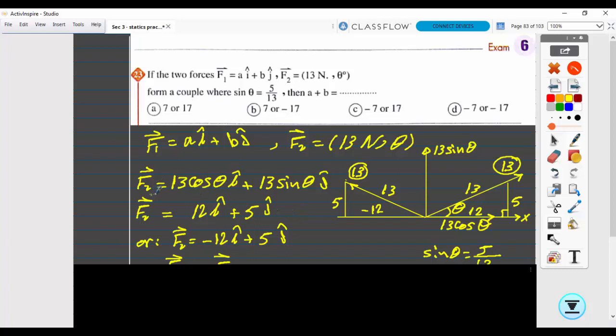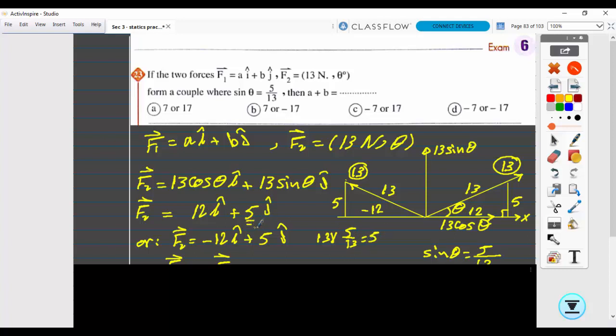Again, F2 equals 13 cosine theta. If you consider cosine theta equals 12/13, then 13 cosine theta equals 13 multiply 12/13, which equals 12. And sine theta equals 5/13, 13 multiply 5/13 equals 5.